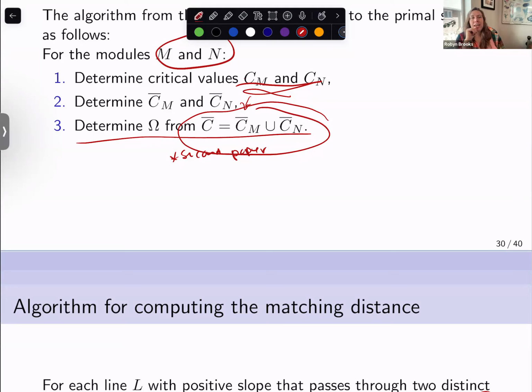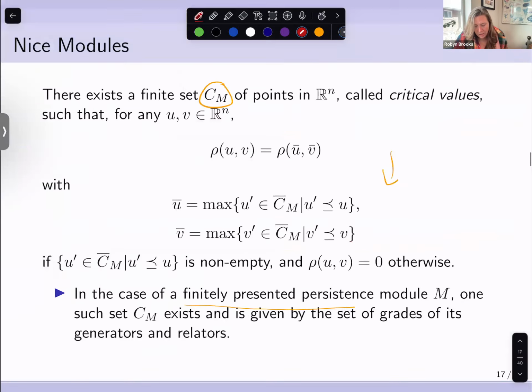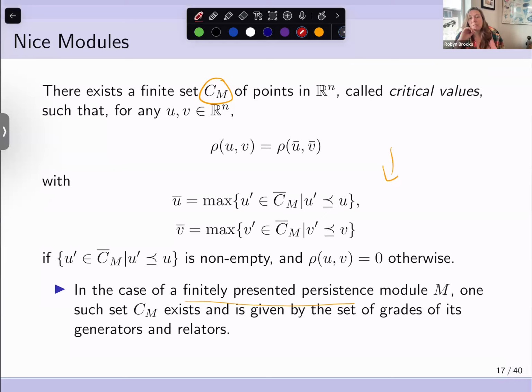I'm going to answer that in maybe not a way that's actually going to answer your question. At the beginning of the talk, I was talking about these nice filtrations, or nice modules, where you can compute the value of the rank invariant from a finite set of critical parameter values.